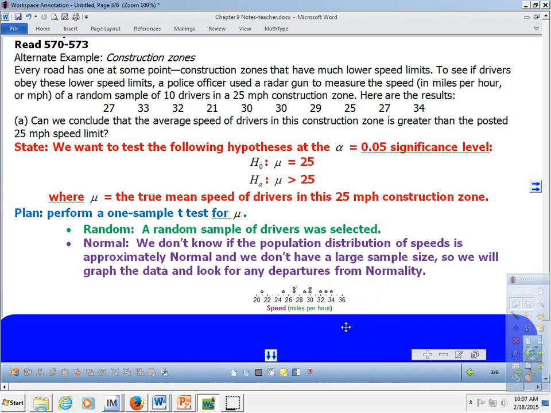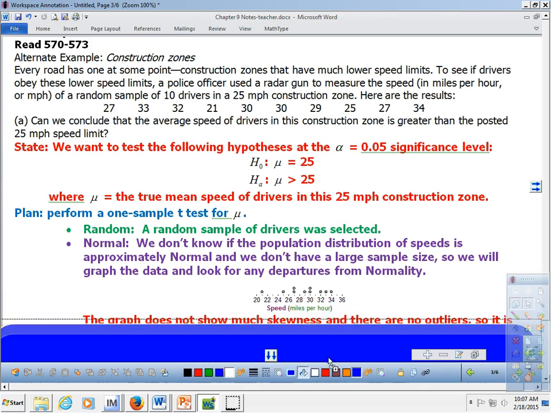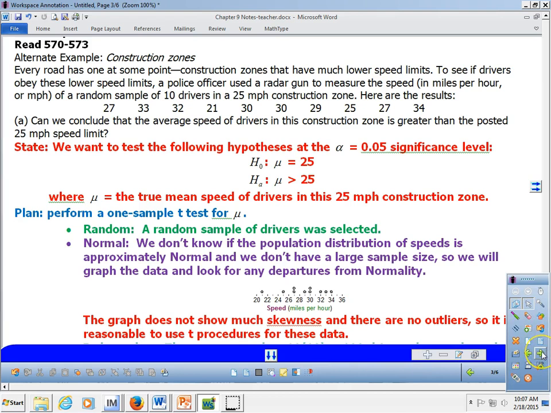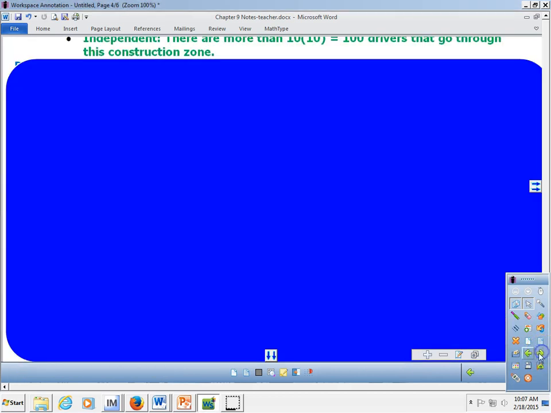If we are really concerned about that observation, we can always determine if it's an outlier by doing 1.5 times IQR and subtracting from Q1. It's not going to be an outlier. So since no skewness, no outliers, we're pretty safe to go ahead and use this procedure.